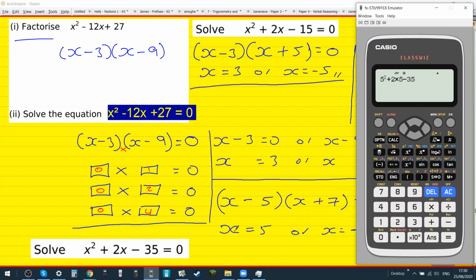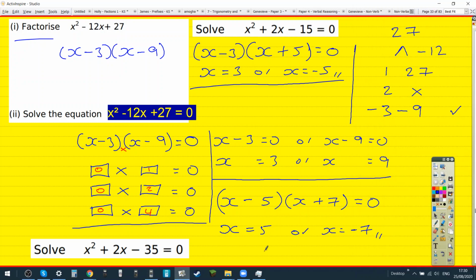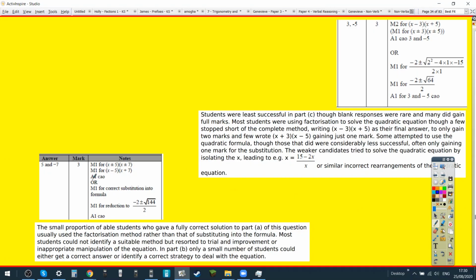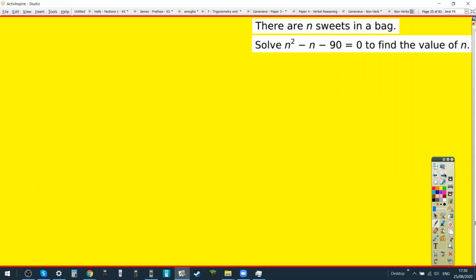If x is 5, you should get 0. And we get 0. And so we know that our 5 answer is correct. And I'm sure all our other answers are correct too. And those are 3 marks. Any questions there? Nope. This is very good.